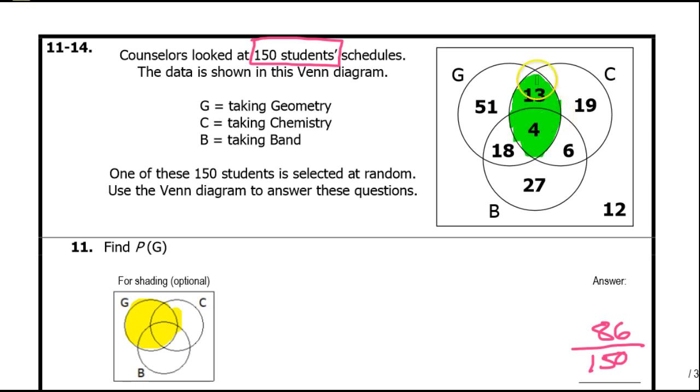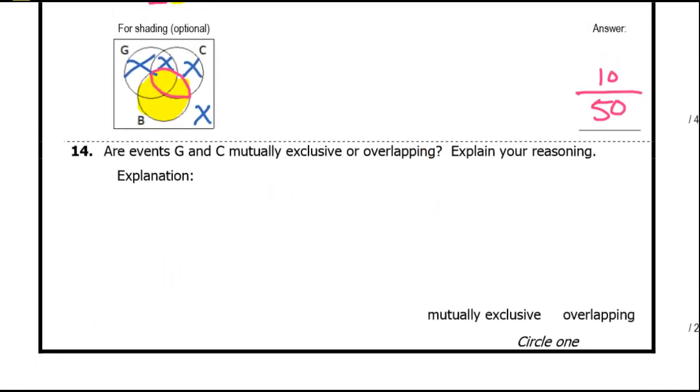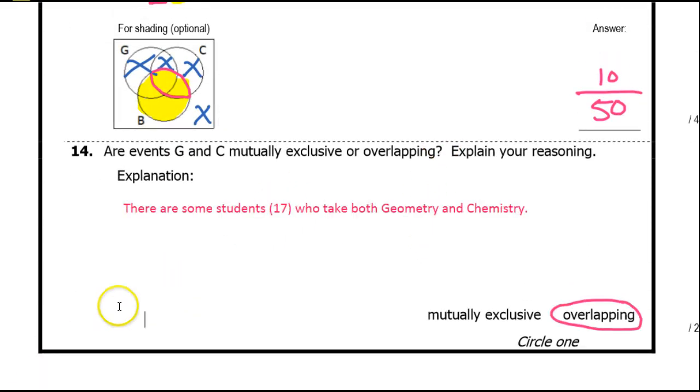Notice that there are 17 students who take both geometry and chemistry. That proves that they are overlapping. So let's make a sentence about it. These events are overlapping because there are some students, 17, who take both geometry and chemistry.